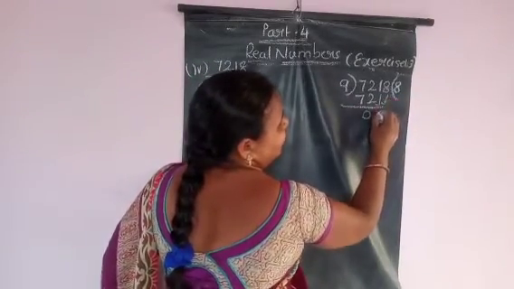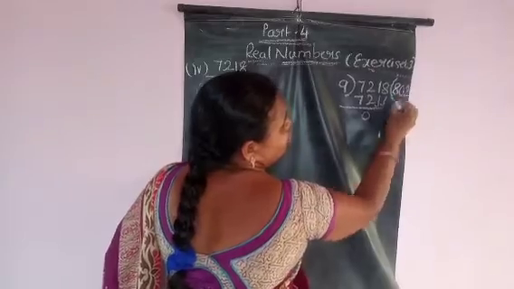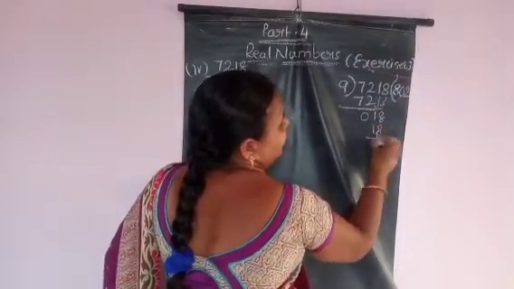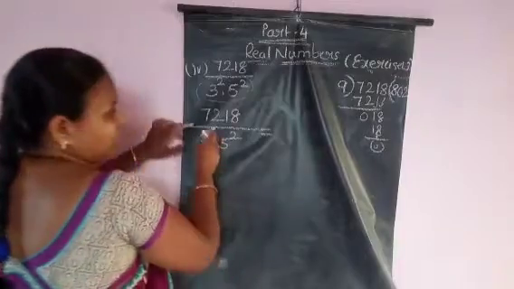So 18 every time we are taking. So 9 2s are 18. Write 0.